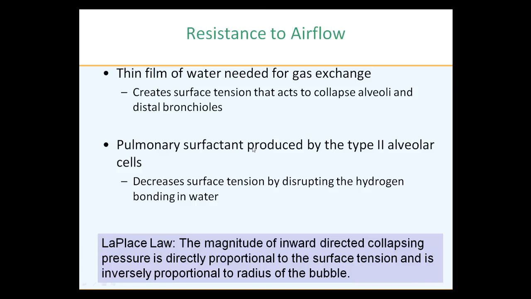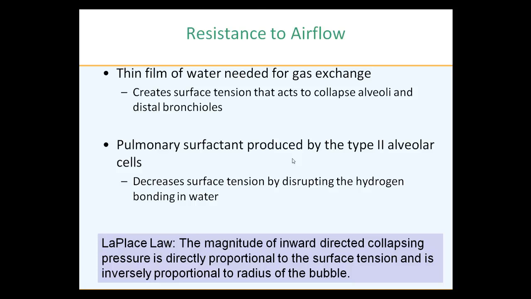we did cover those two things, and we did cover the fact about the surface tension and the surfactant. What we need to also realize about the surfactant is the fact it's much more important for the smaller alveoli, because the smaller the alveoli, the higher the surface tension will be, and that is the part where you want to disrupt most. And the bigger the alveoli is, the lesser surface tension is.